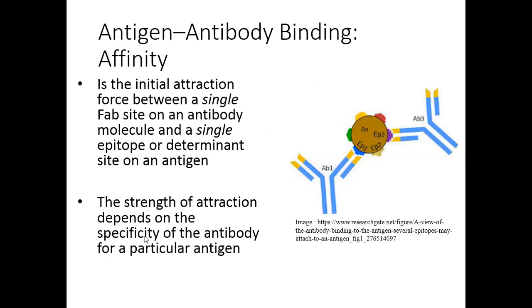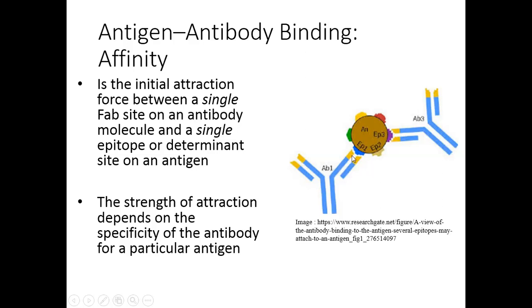We're going to first look at affinity, because that's the first interaction between antigen and antibody. So affinity is defined as the initial attraction force between a single FAB site on an antibody molecule and a single epitope or determinant on the antigen.